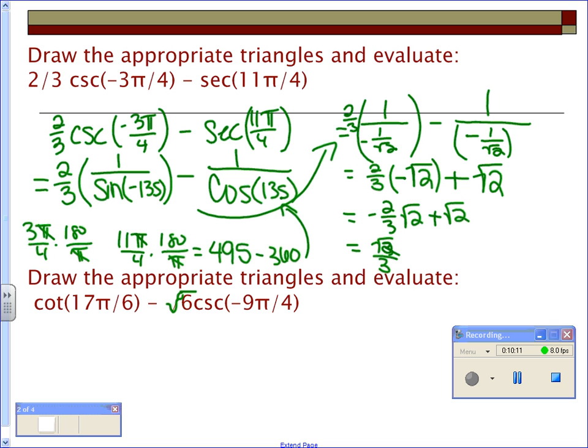Square root of 2 over 3. Does that make sense? Any questions on that one? Okay.